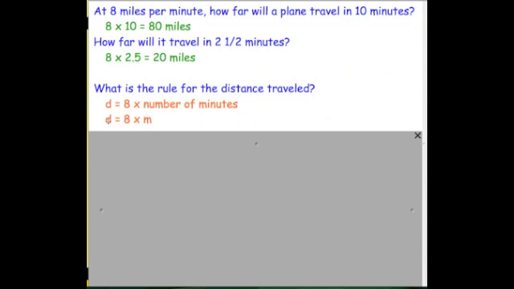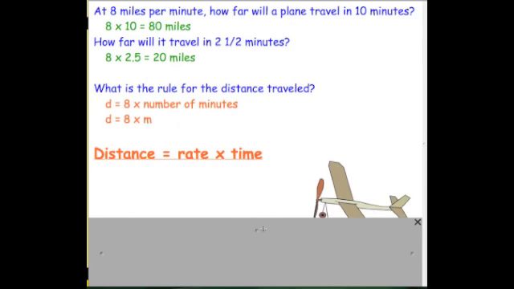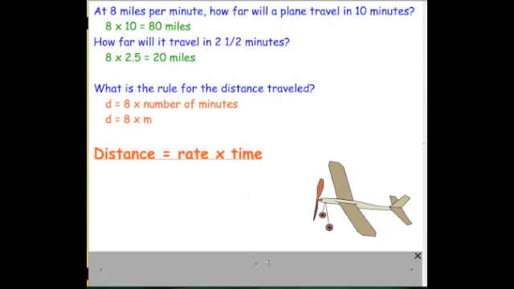It says distance, d, equals 8 times m, and the m stands for minutes. Distance equals rate times the time. So our rate was 8, and our time was 10 minutes in our first example. And the rate in our second one was still 8, but it was 2.5 minutes that time.